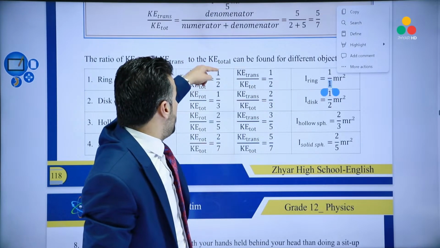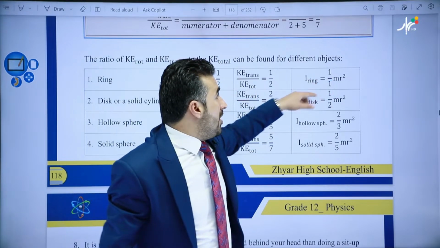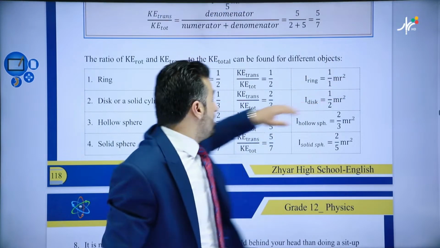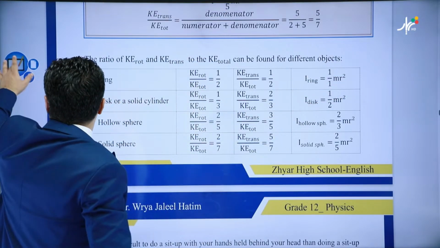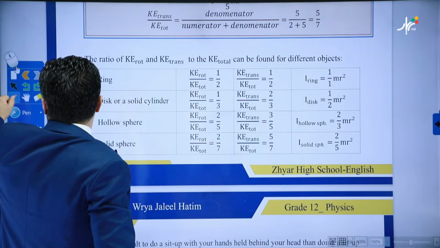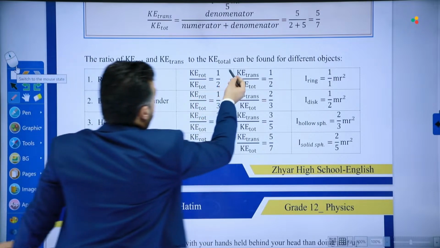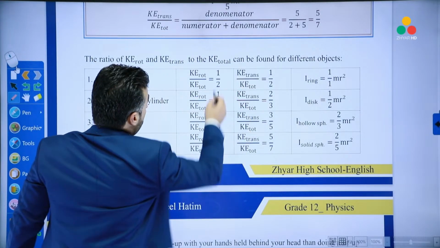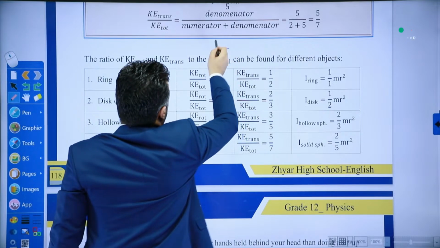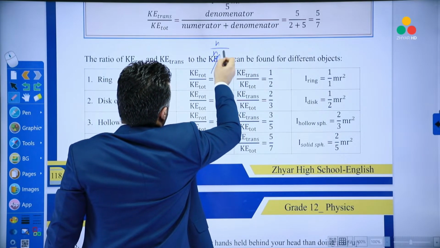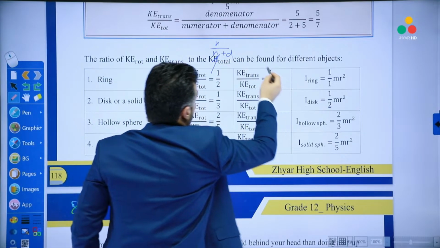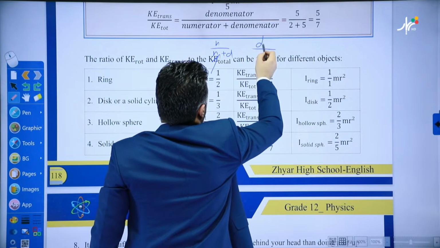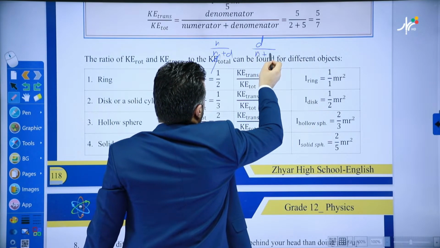So we'll say 1 divided by numerator plus denominator. Let me rewrite this for you here. For rotational, it was numerator over numerator plus denominator. For translational, it was the opposite: denominator over numerator plus denominator.